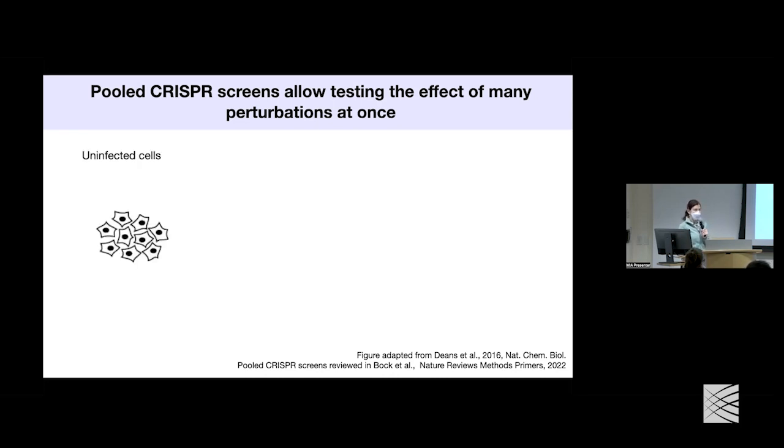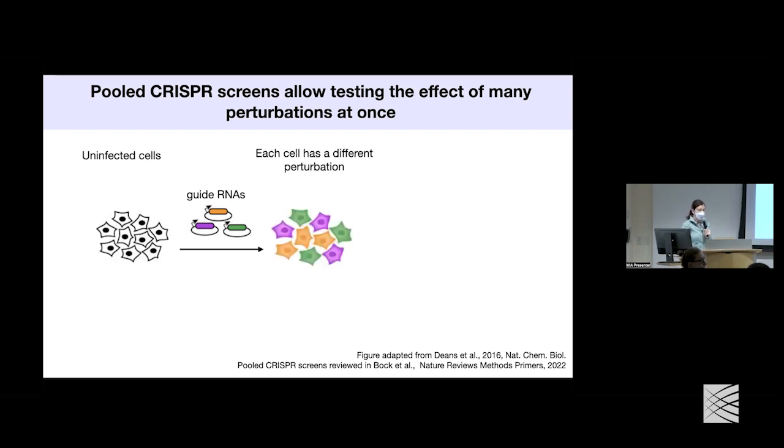Essentially, we start with a bunch of cells. We introduce guide RNAs into them that guide the CRISPR system to produce specific knockouts in cells or other types of perturbations. So each cell gets a different guide RNA, represented here in different colors.